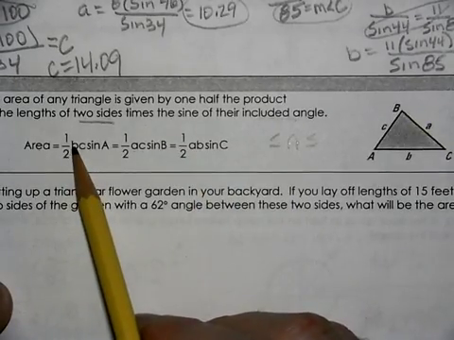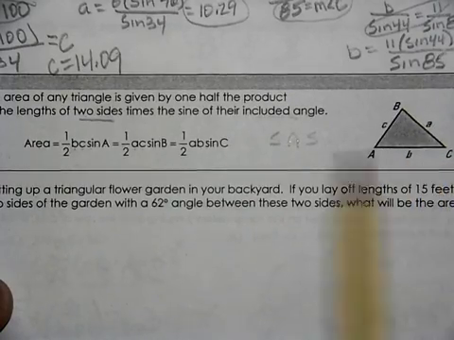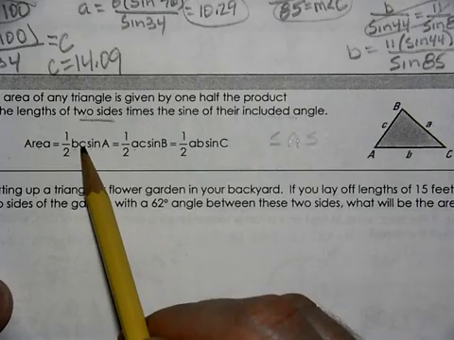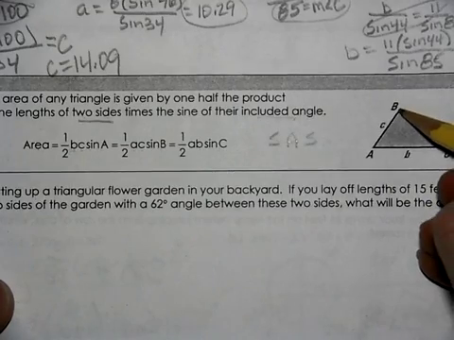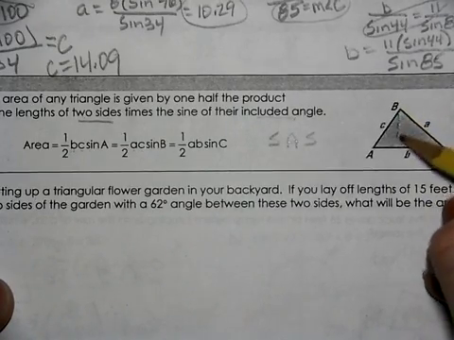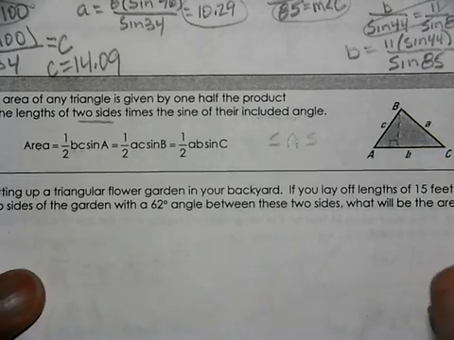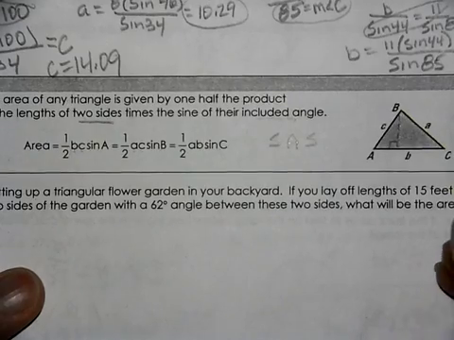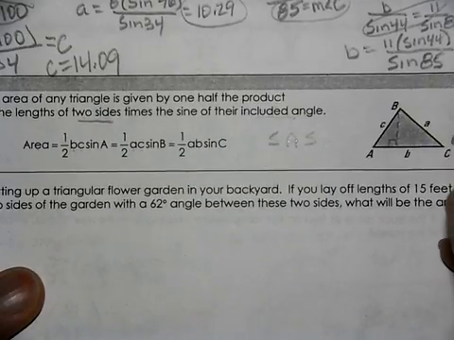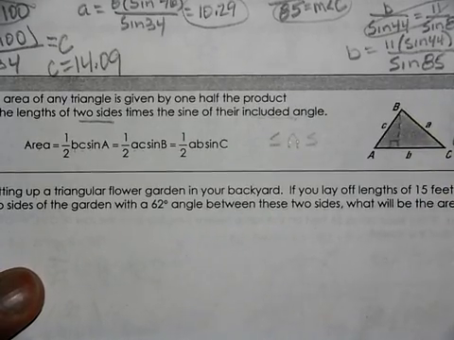Now if we look at this first one, B is going to be our base. C is this side. We're going to look for the height. So if you're looking for that height, we know that we'd have the angle A, we'd have side C, we'd have the height of the triangle.